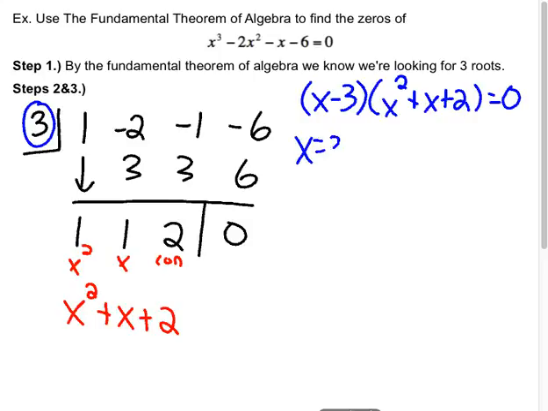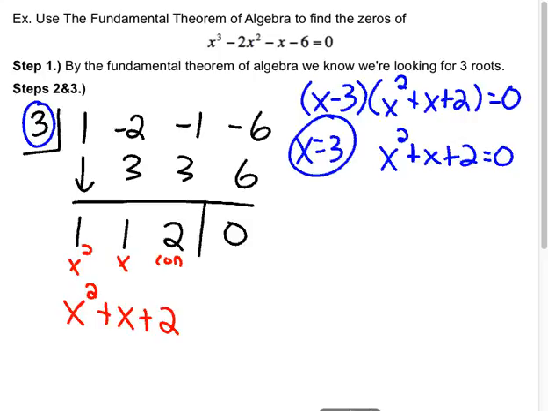Obviously, this first one gives you a solution of 3, right? You already knew that. But now the other one, I need to figure out what makes this other factor equal to 0, because that'll give me my other two solutions, which again, going into this, I already know are imaginary, okay? I already know because I can't see them graphically.